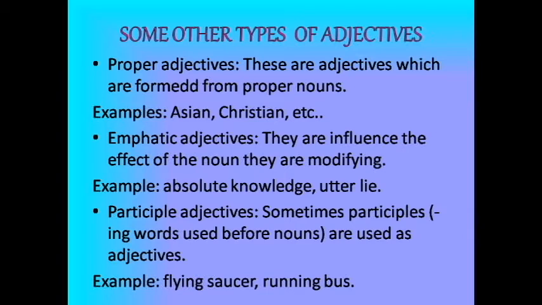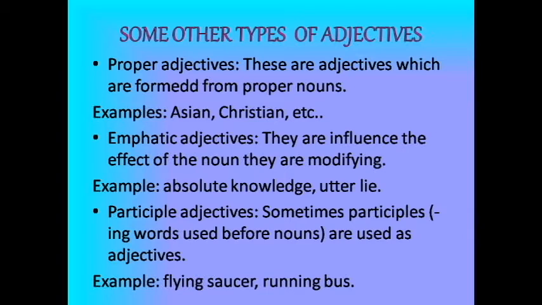These influence the effect of the noun that they are modifying. For example, absolute knowledge. Here, knowledge is the noun and absolute is the adjective. Utter lie. Here, lie is the noun and utter is the adjective.